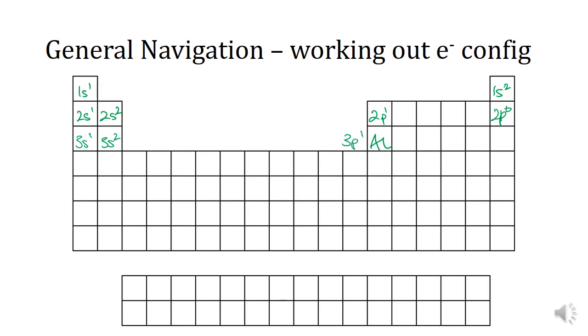So what your electron config ends up looking like is 1s2, 2s2, 2p6, 3s2, 3p1. So you can work out electron config by basically counting across the periodic table. Remember that there is some electron config weirdness that happens in here with chromium and copper. But again, that is covered in the electron config video, so I'm not going to go into masses of detail on that.